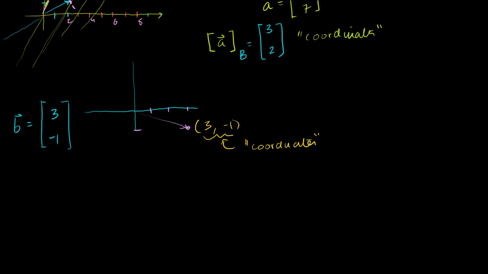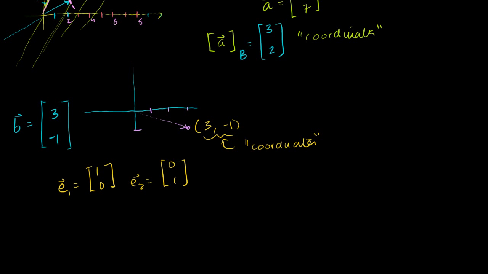If you imagine the standard basis in R2 looks like this. We could have e1, which is 1, 0, and we have e2, which is 0, 1. This is just the convention for the standard basis in R2.